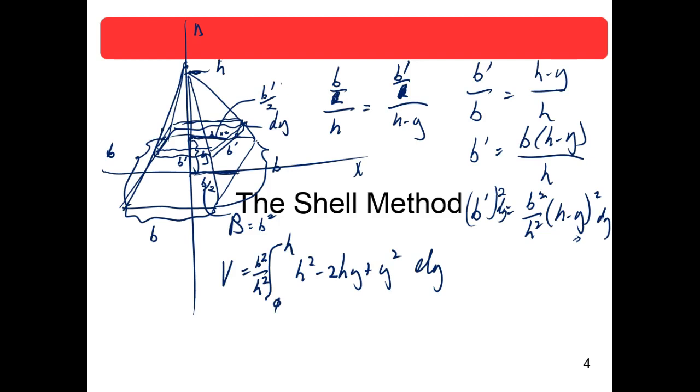So let's integrate this. V is equal to b squared over h squared. And the antiderivative of h squared is h squared y. Y is the variable, h is just a constant. Agreed? Okay. Minus what? You tell me the next one.